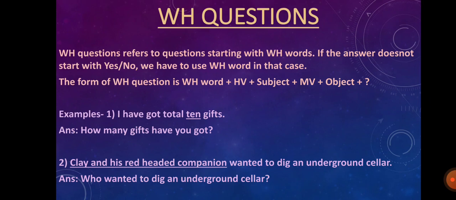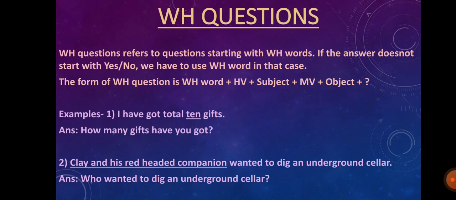Next, second, Clay and his red-headed companion wanted to dig an underground cellar. So here Clay and his red-headed companion is underlined, and we have to frame such a question that the answer should be Clay and his red-headed companion. So the question we will add here is who.